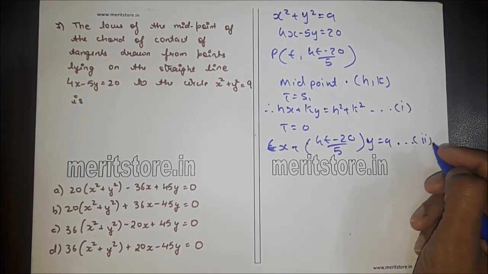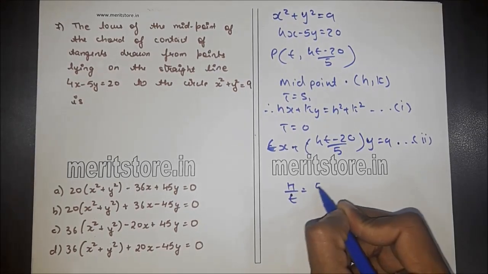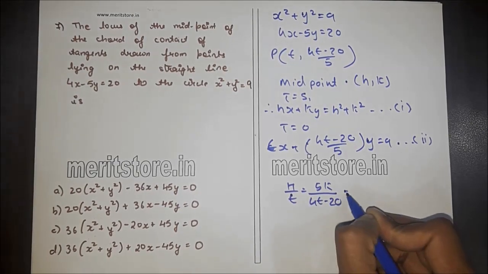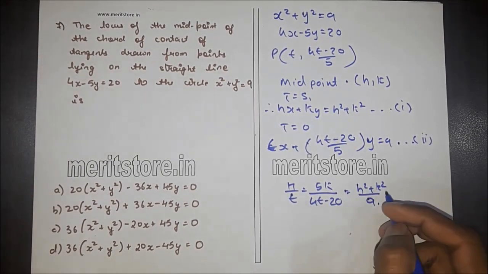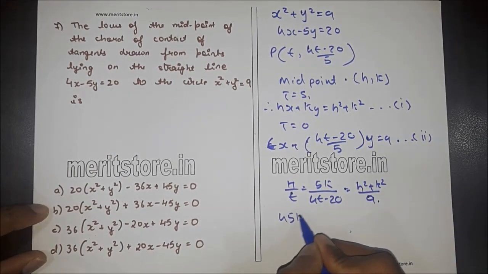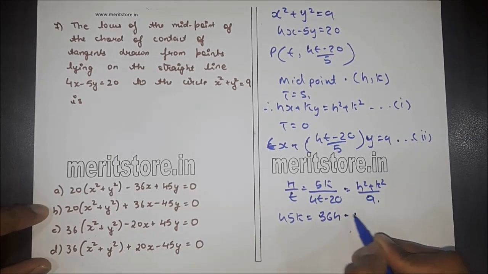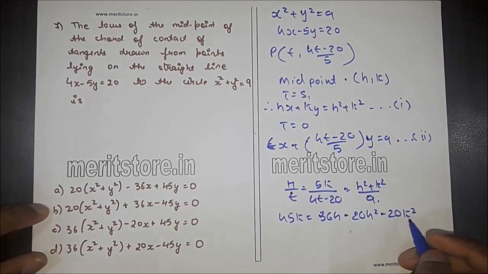So comparing equation 1 and 2, we get h upon t equal to 5k upon (4t minus 20) equal to (h square plus k square) upon 9. On solving, we get 45k equal to 36h minus 20h square minus 20k square.